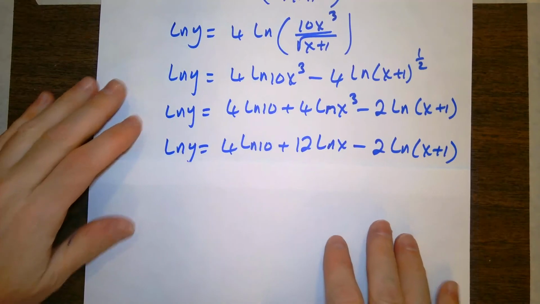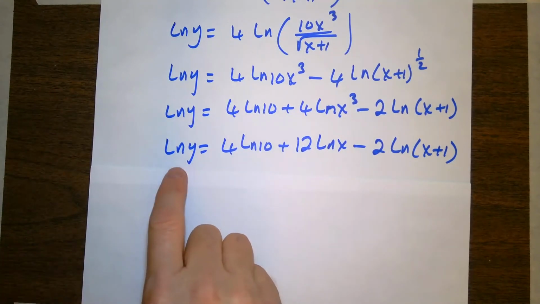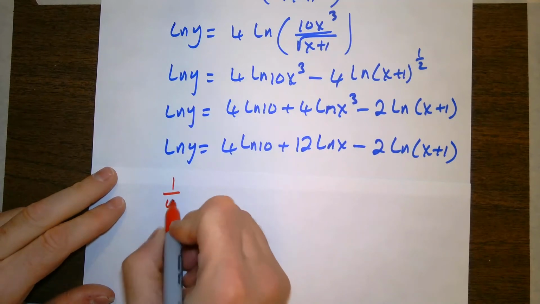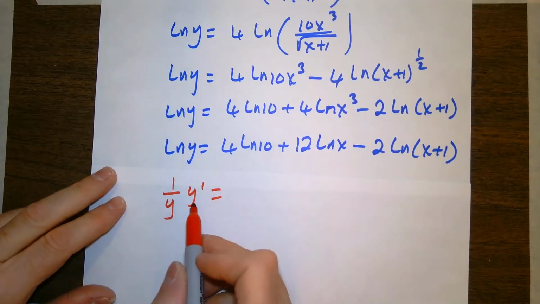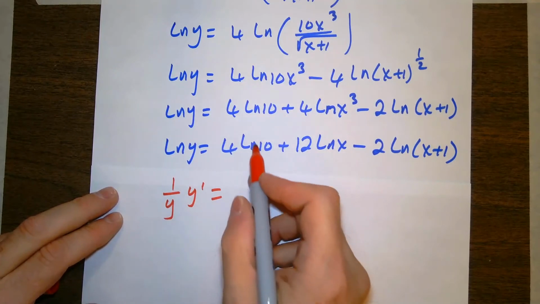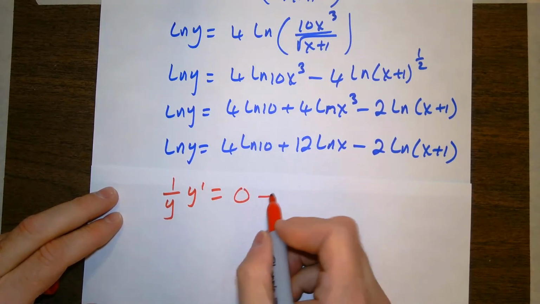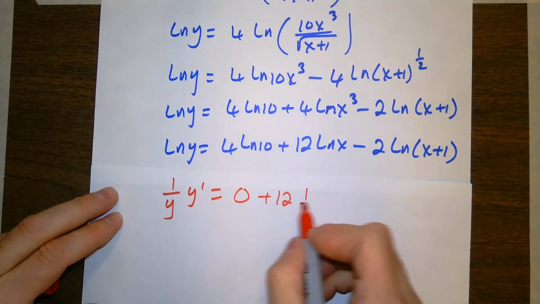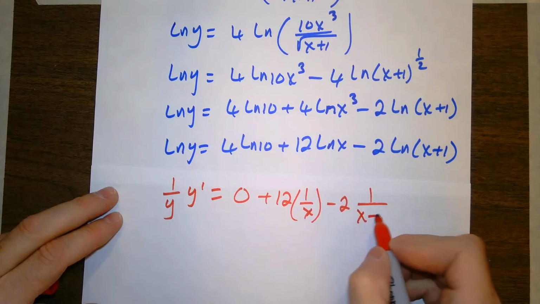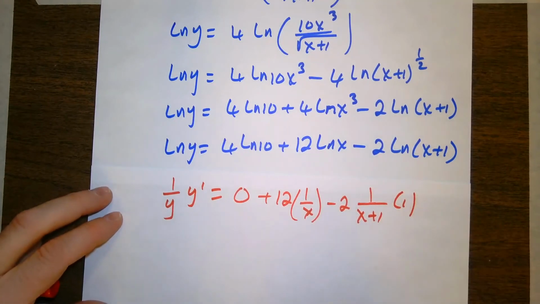And of course, there's always that one issue left. What are we going to get over here when we do the derivative? When we take the derivative, I'm going to have 1 over y times y prime, the dy dx. So I know I'm going to multiply by y, the original function here. The derivative of this is 0 plus 12 times 1 over x minus 2 times 1 over x plus 1 times 1.